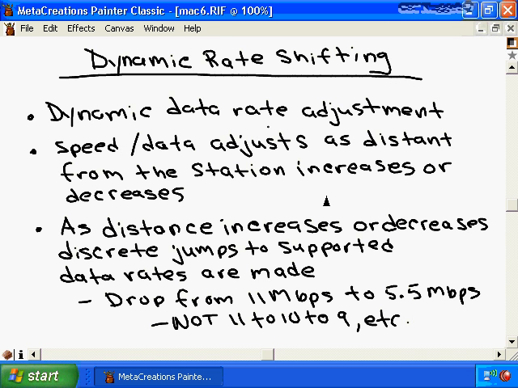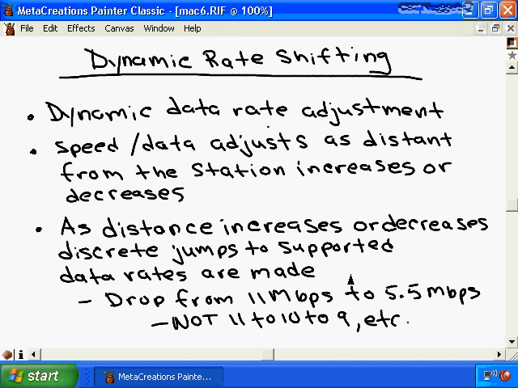What actually happens is there are discrete jumps from one data rate to another as the wireless station increases or decreases its distance to the access point. For example, let's say you have a wireless LAN with 802.11b devices. The further away the wireless station moves from the wireless access point, the signal strength will start to decrease, to a point where it's going to drop its data rate.